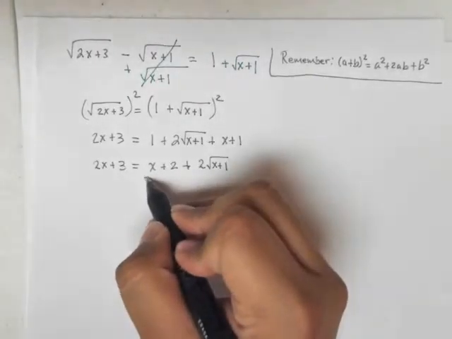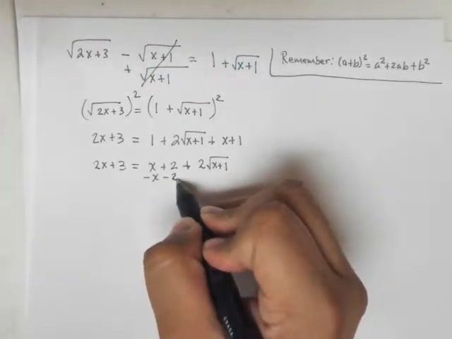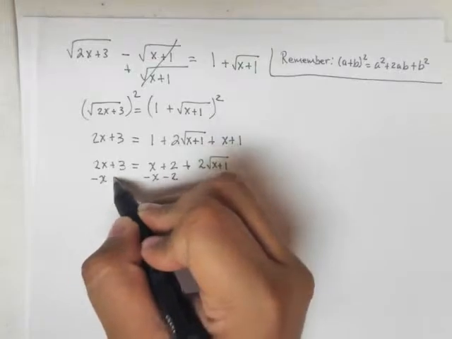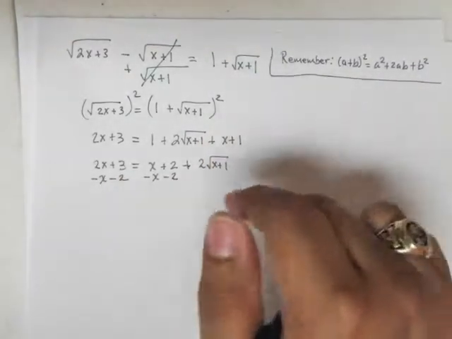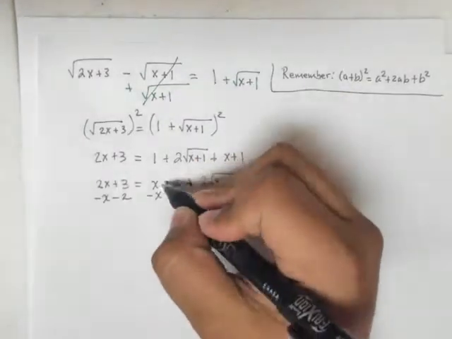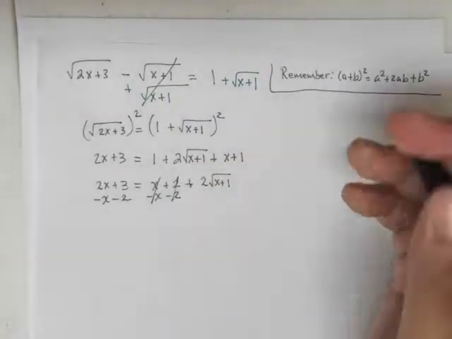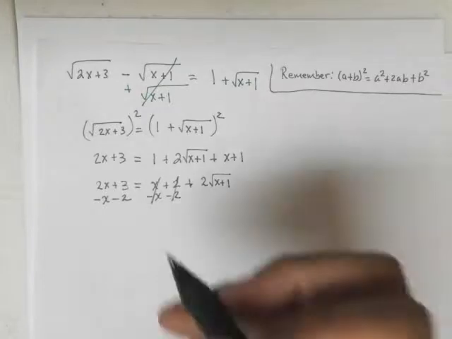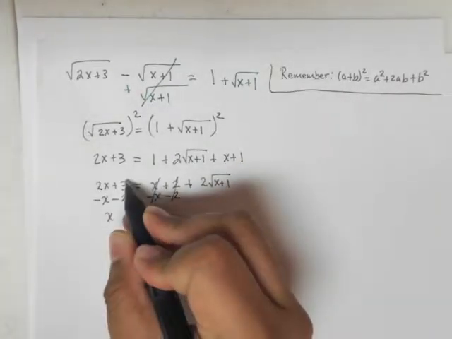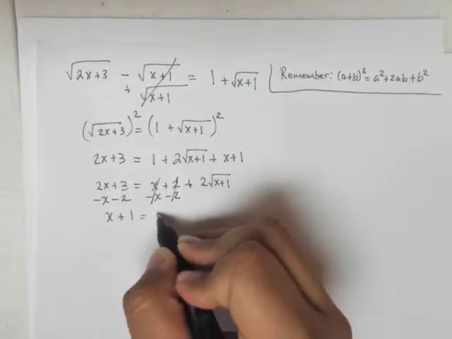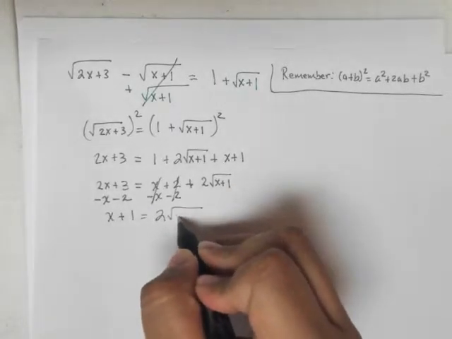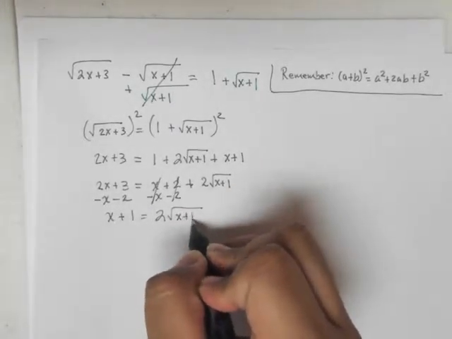So now I'm going to move this x to the other side, and let's move the 2. The whole point here is we want to isolate again this radical. So this is going to give us x, and then 3 minus 2 is 1, so x plus 1 equals 2 square root of x plus 1.